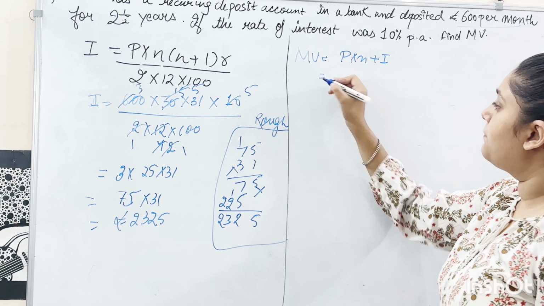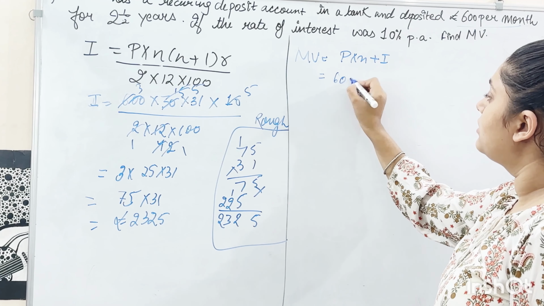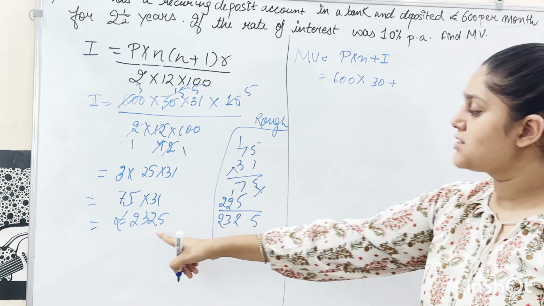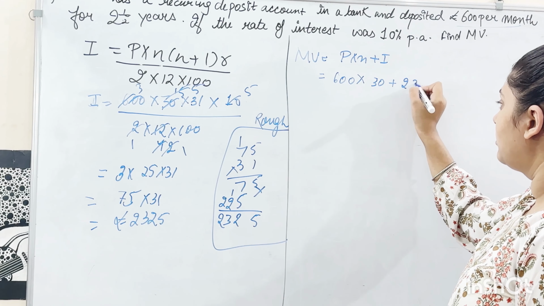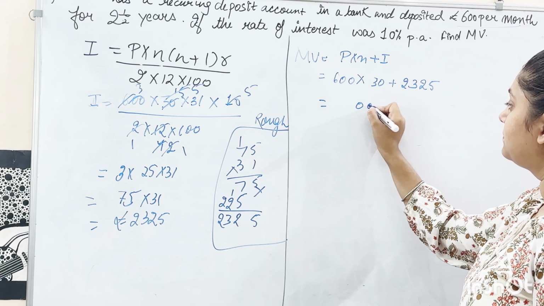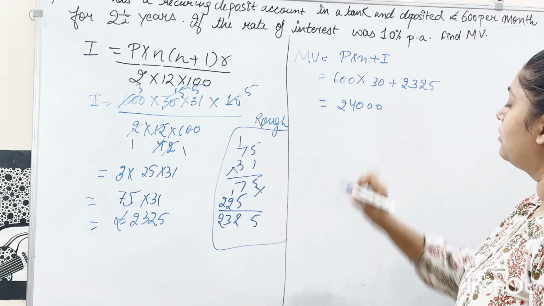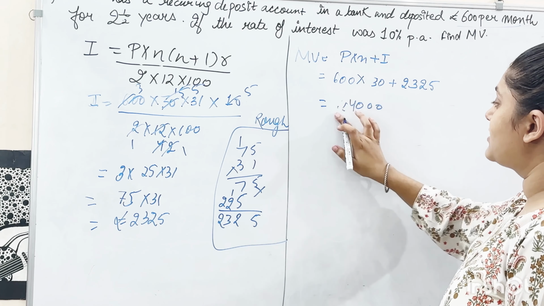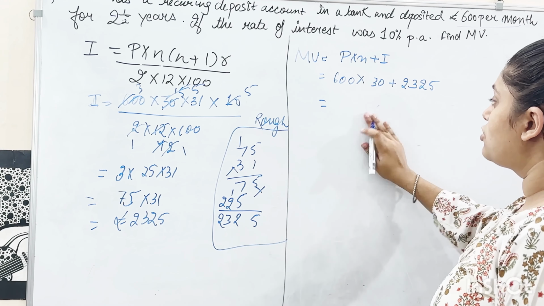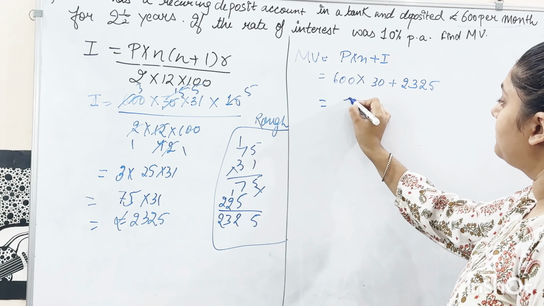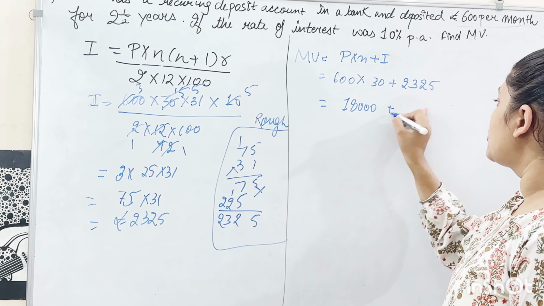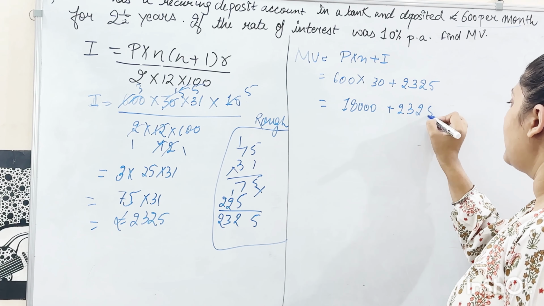So P over here, the principal value, is 600 into N is 30, plus the interest which has come to 2,325. So 600 into 30 is 18,000 plus 2,325.